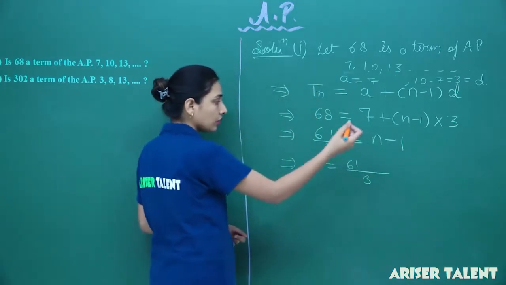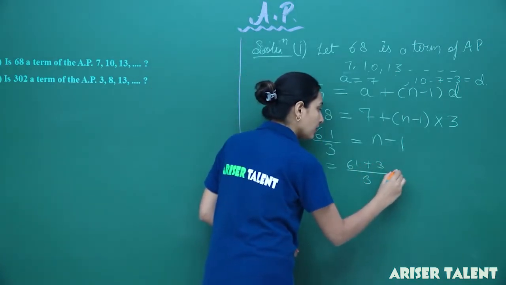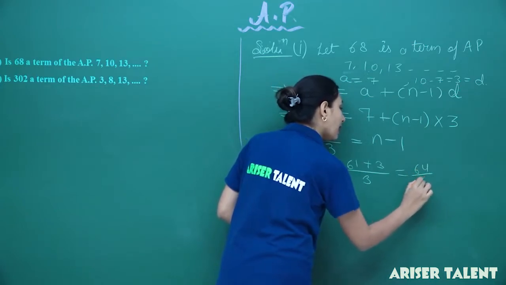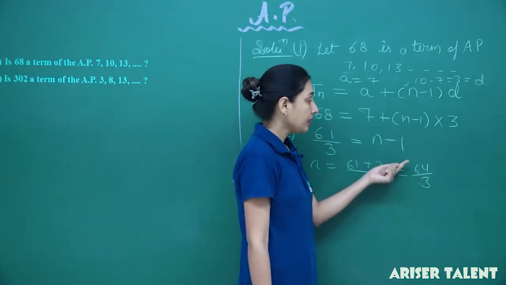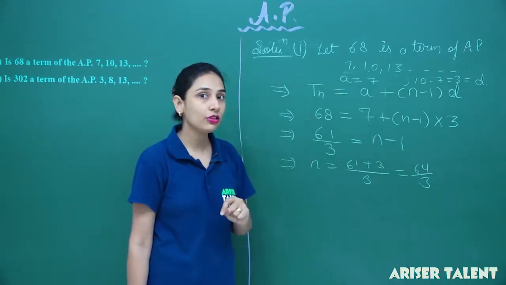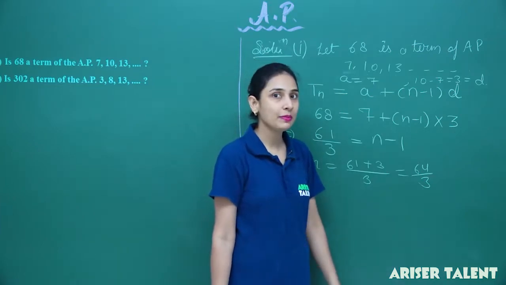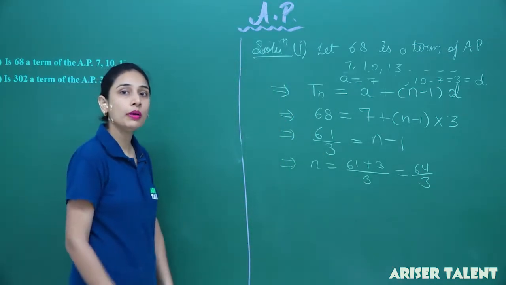Taking the LCM of this plus 1, it will be plus 3. Now 64 by 3. This is 64: 6 plus 4 equals 10. Is 10 divisible by 3? No. So is 64 divisible by 3? No. So is 64 by 3 a natural number?